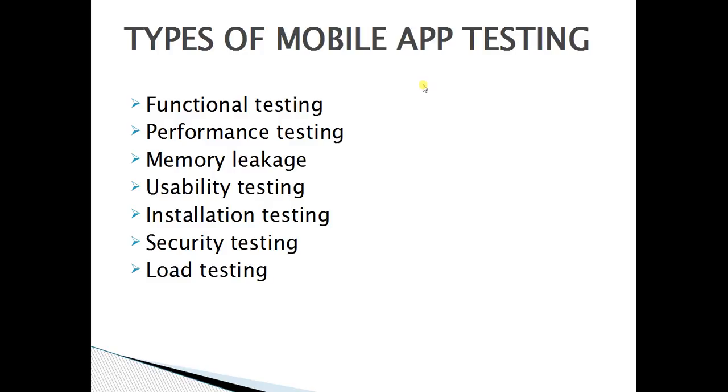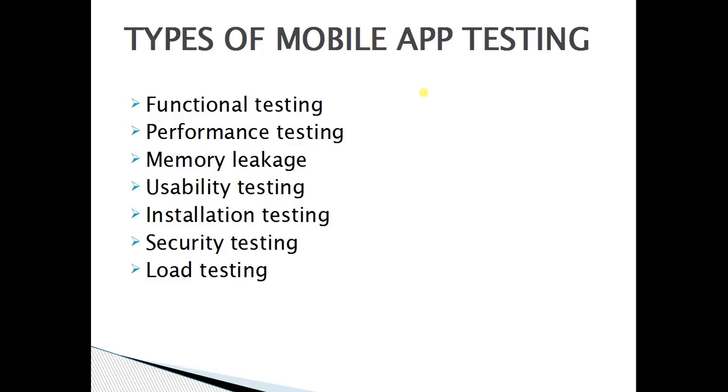It is also very important because it checks the performance and behavior of the application under certain conditions such as low battery, bad network coverage, low memory, simultaneous access to the application server by several users, and other conditions. The third one is memory leakage testing. It happens when a computer program or app is unable to manage the memory allocated to it, resulting in poor performance of the application and an overall slowdown of the system.